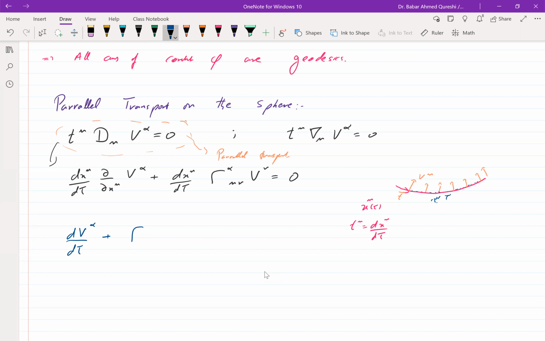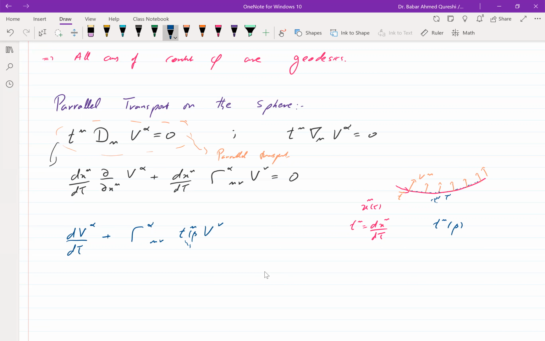And this probably I can write back as a vector. So you feed this connection coefficient one vector of the curve and one vector which you are parallelly transporting. And this guy is already known as a field on this curve, because for each value of tau you know what is the tangent vector over there, because you know the curve, so you can compute that tangent vector for any value of tau.